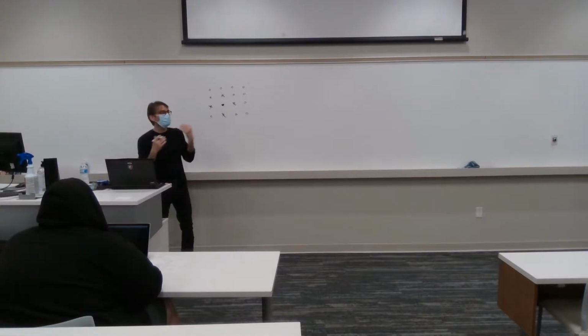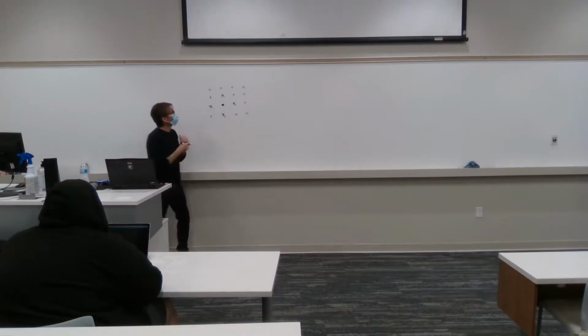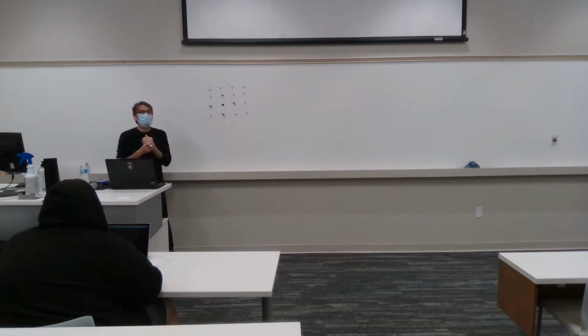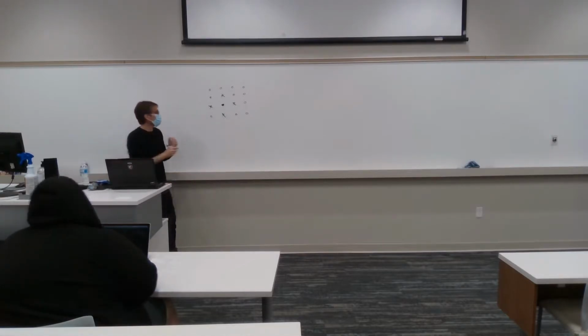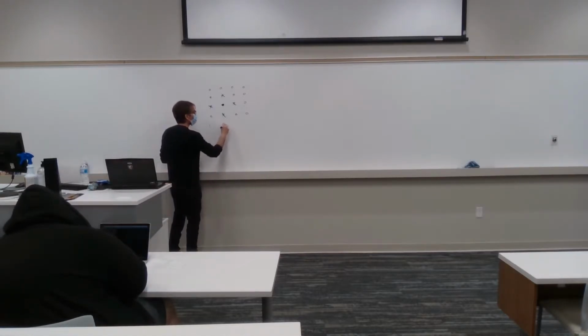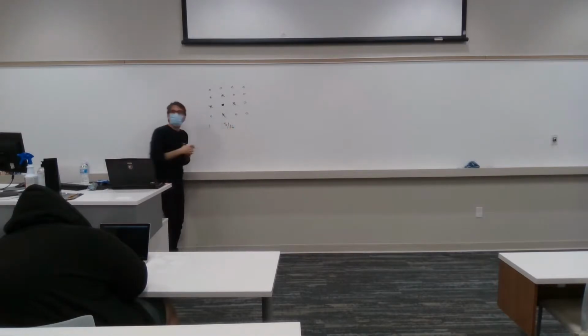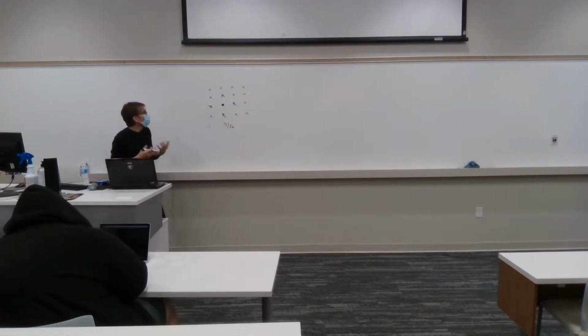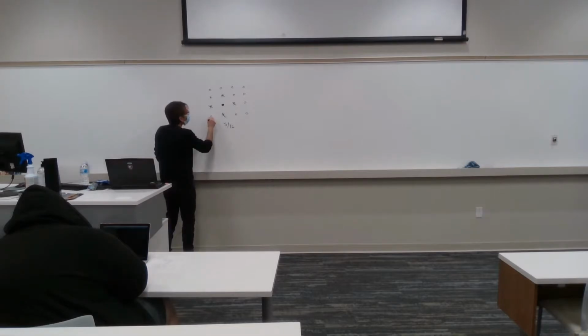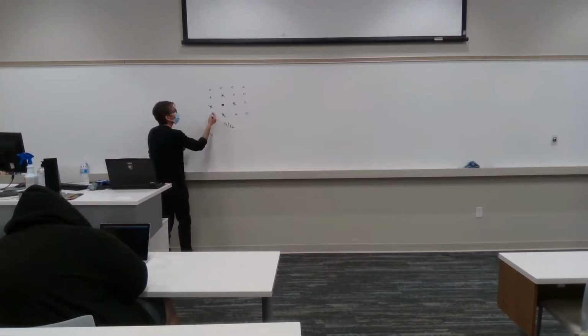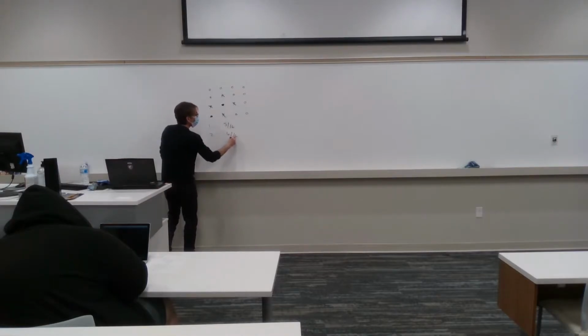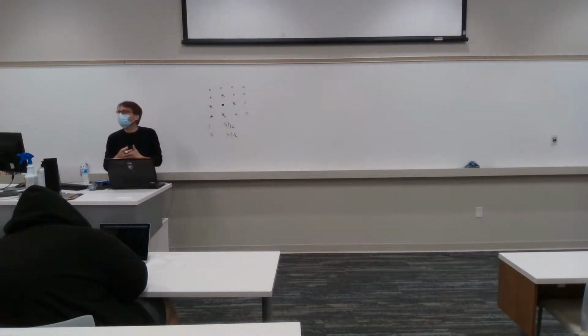Right? So I used 1 bomb and I have 5 squares covered. So 5 of 16. So I have 1 bomb and I've covered 5/16 of the board. Is that better or worse than 2 bombs that have covered 6/16 of the board?